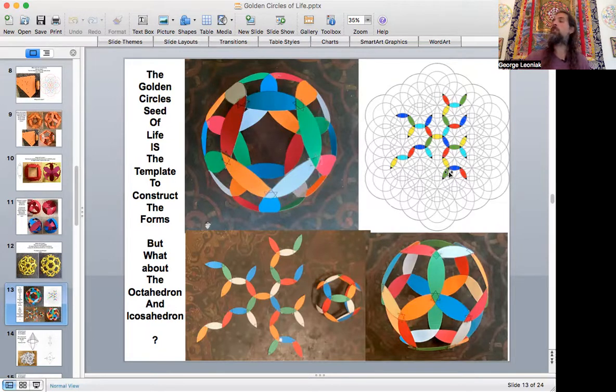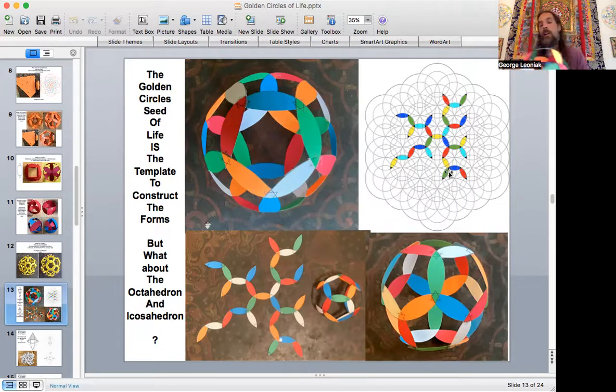Now, everything I've shown you at this point, the cube and the tetrahedron and the dodecahedron, those are all pretty intimately related to one another, meaning that within this dodecahedron there are 5 cubes, and there are also 10 tetrahedra that would be in this.